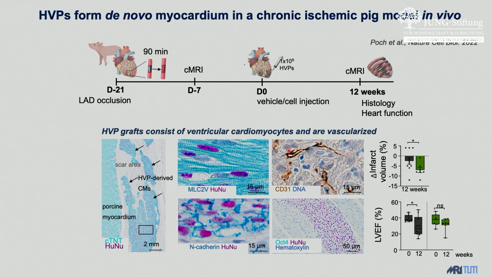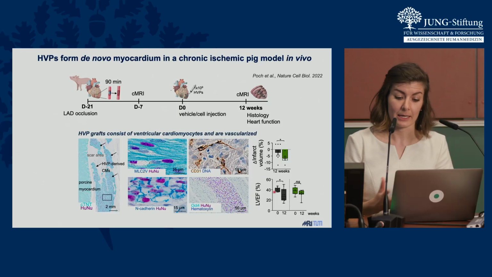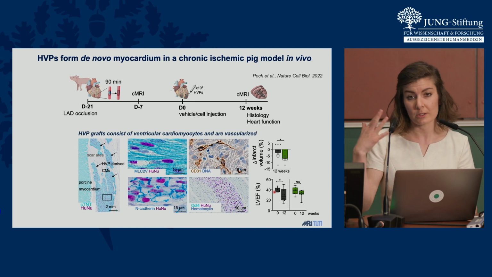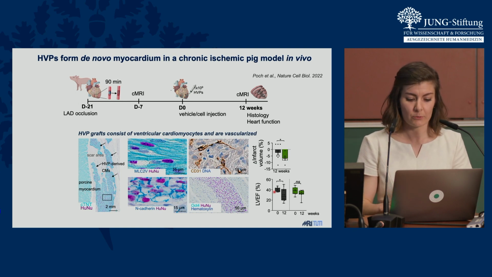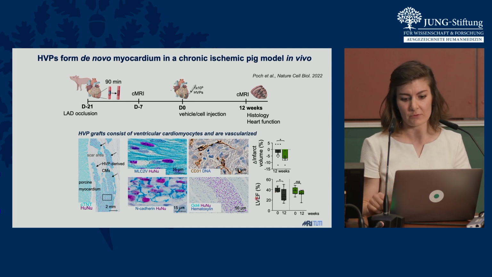The cardiac function was also quite convincing, because we have seen that our progenitor cells do significantly reduce the infarct volume after 12 weeks, and they preserved the heart function after myocardial infarction, which was not present when we did not apply any treatment. These pigs showed a drop of their contractile performance, of the left ventricular ejection fraction.